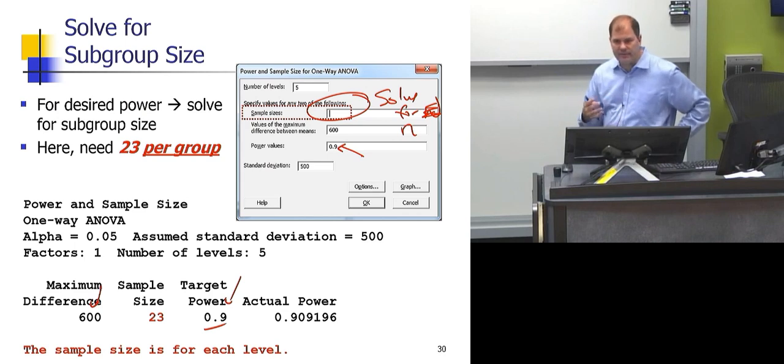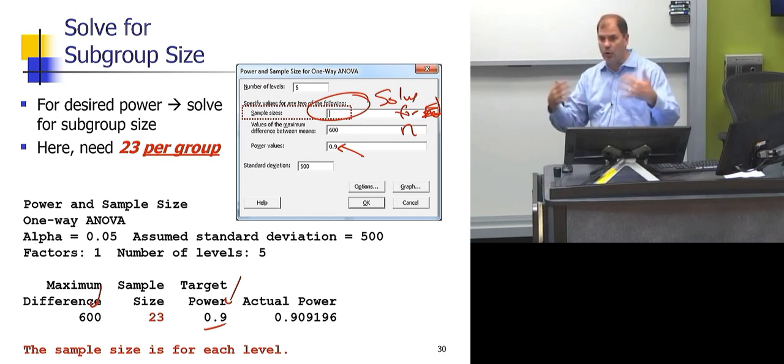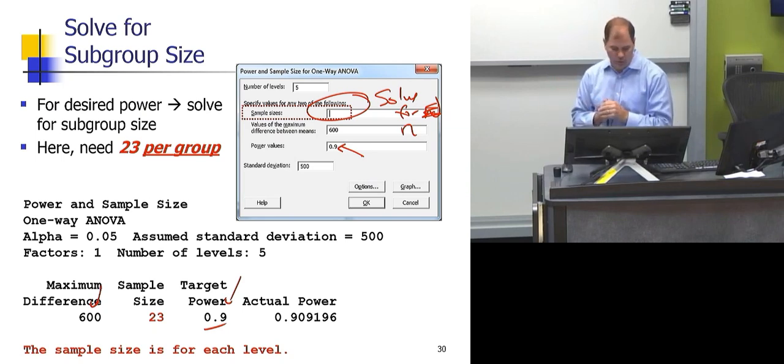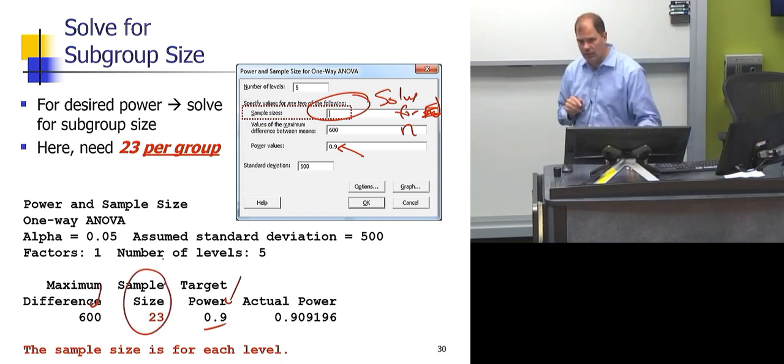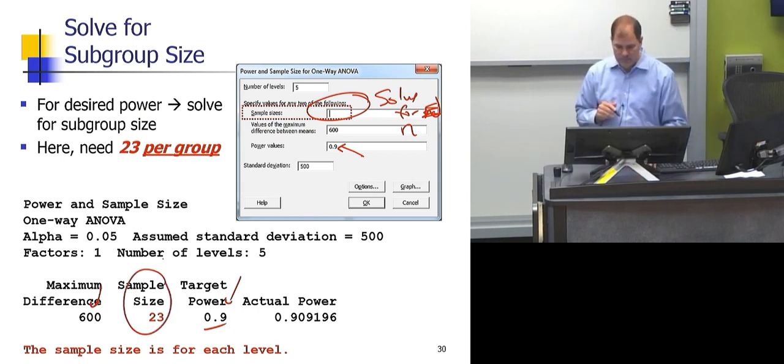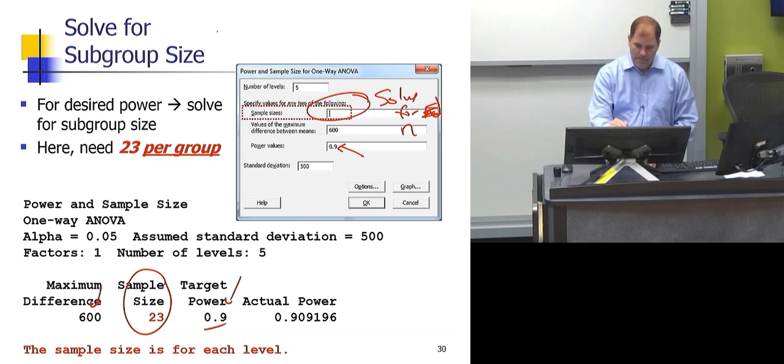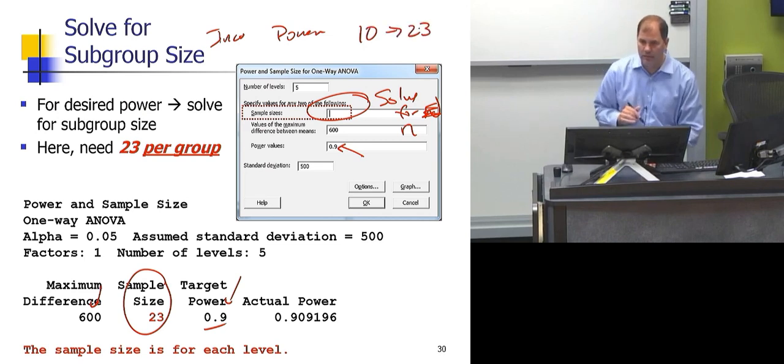The actual power will be slightly different because I'm going to work in whole units. Sample size can't be 22.987, so it's going to come back and tell me that I need 23. To increase the power, you'd have to go from 10 to 23.